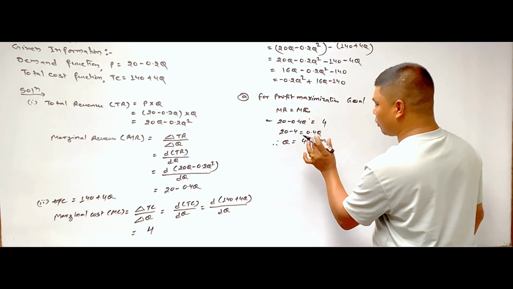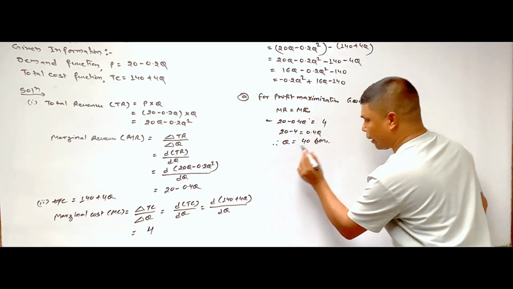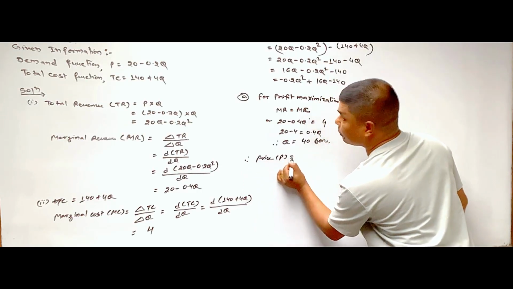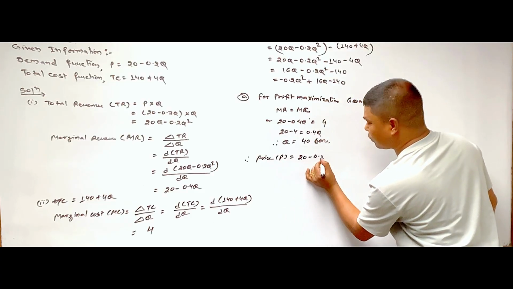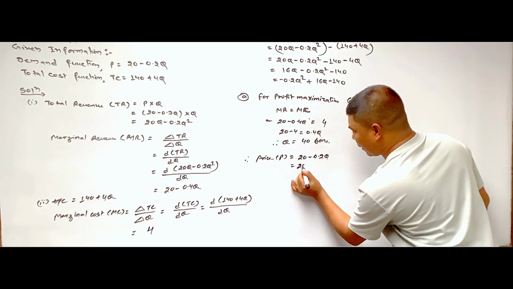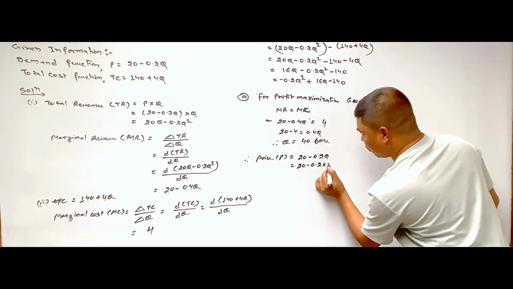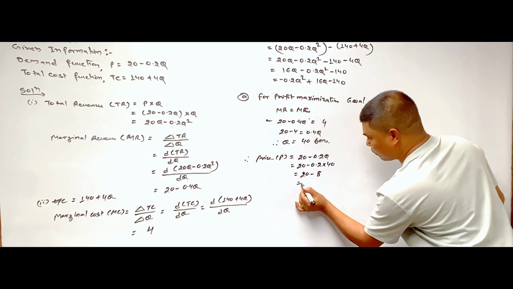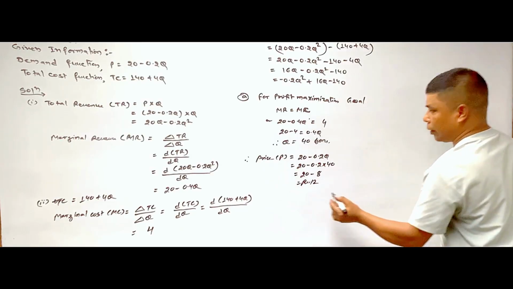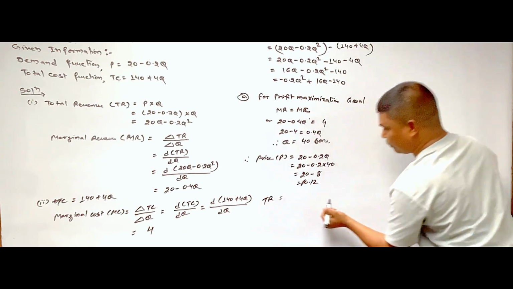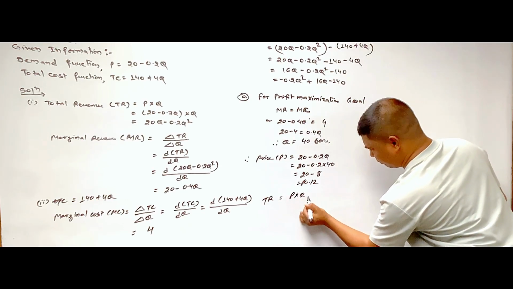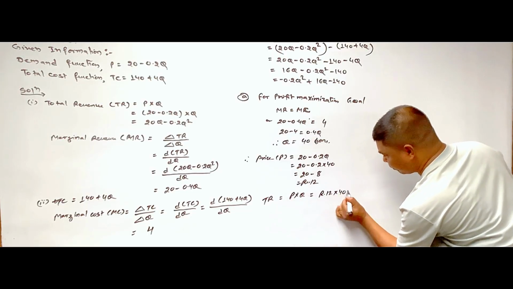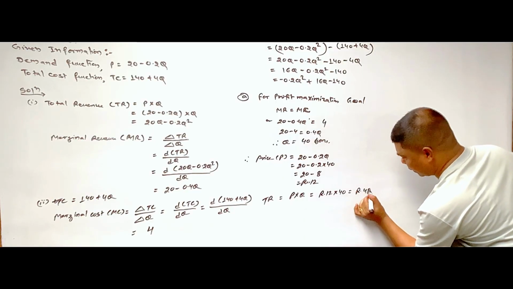From the result of this output at 40 tons, we can find the price. Therefore, price P equals 20 minus 0.2Q, 20 minus 0.2 into 40. That means 20 minus 8, rupees 12. Total revenue equals P into Q. That means rupees 12 into 40, rupees 480.